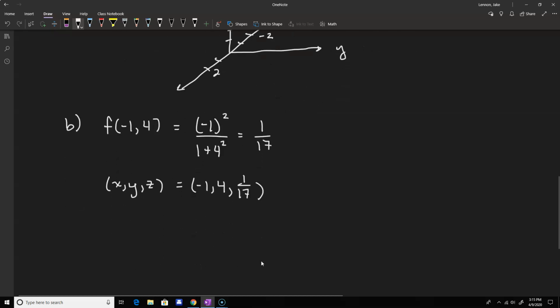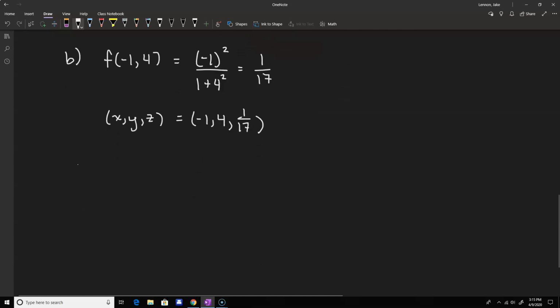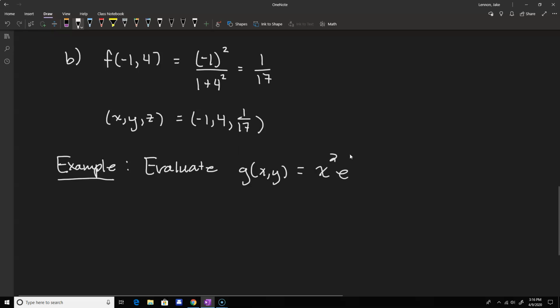All right, let's do one more function, and then we'll move on to talking about the domains of these things. So for example, let's evaluate again, but now our function will be g of x, y equals x squared e to the 3y.